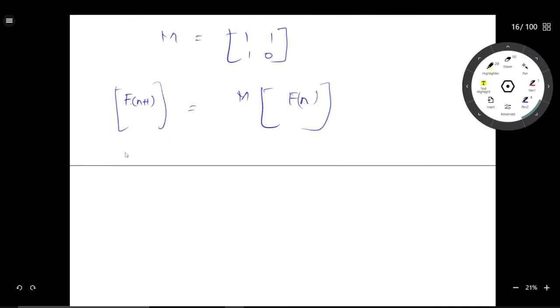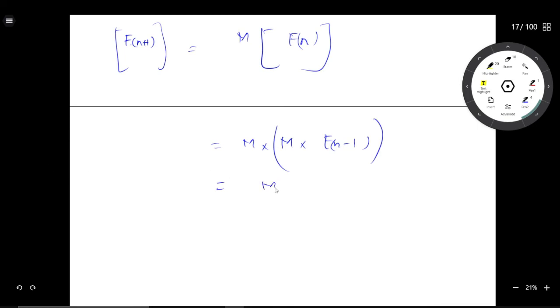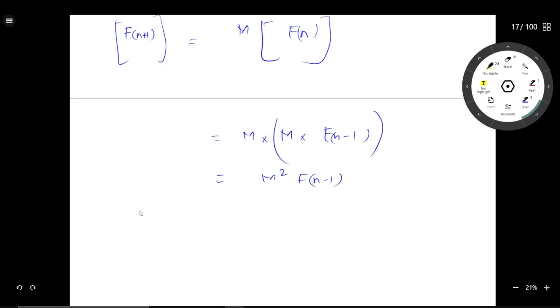This is M. So if we want to find the nth term, f(n) is equal to M times f(n-1). So, whole that will be M squared, M to the power 2, times f(n-1), is equal to f(n+1), replacing n by n+1.